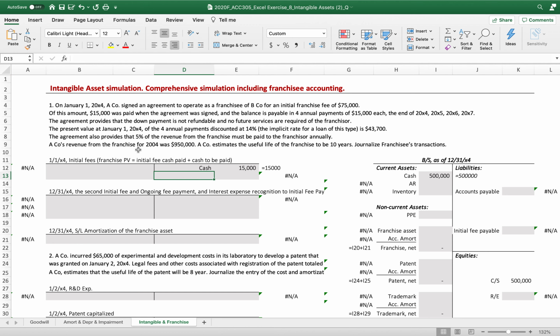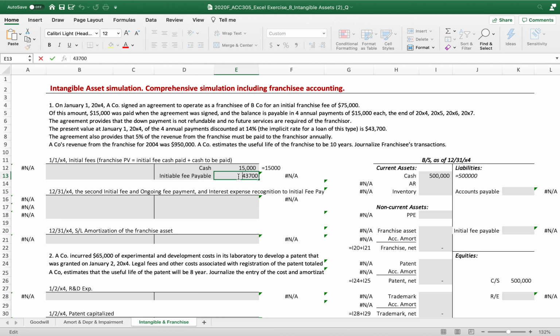This total of $60,000 should be discounted at 14%, and the present value of the four annual payments is $34,700. That is the payable. So we put initial fee payable. How much is that? Right, $34,700.